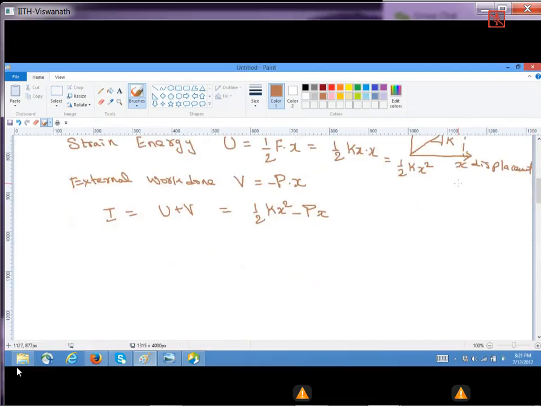Now, what is equilibrium? Equilibrium is a state in which the potential energy reaches a minimum value or a stationary value. For that, I want to explain through some basic single variable calculus. Now, let this be aside. Let us take some surface.